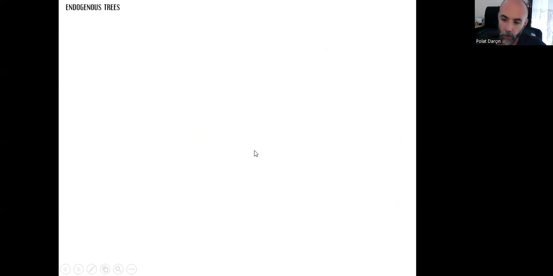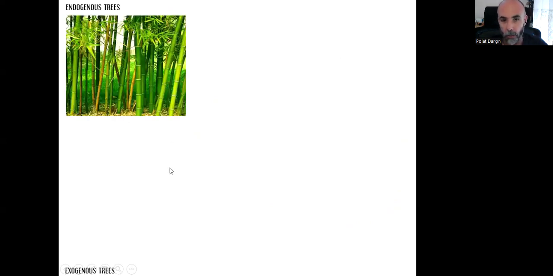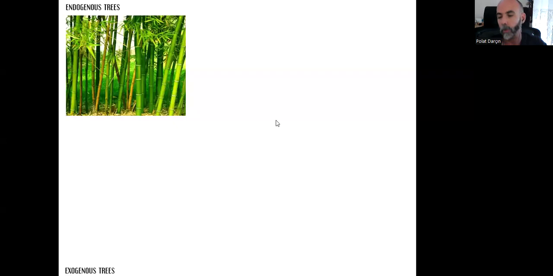And as you know, there are two major groups for the trees. The first one is the endogenous trees, and the other is exogenous trees. Endogenous trees, one of the examples is these, I forgot the name. Sorry about that. Bamboo. That's one of the examples for endogenous trees, and they grow inwards.